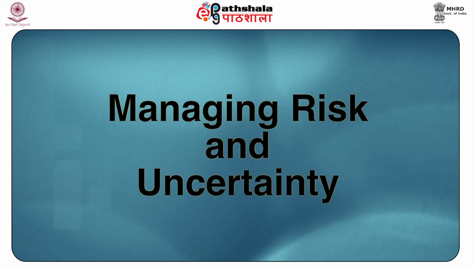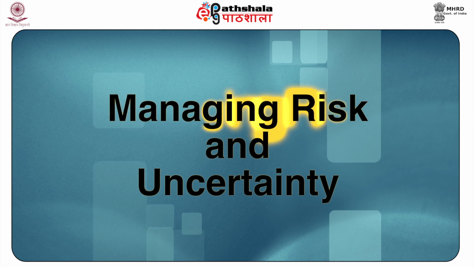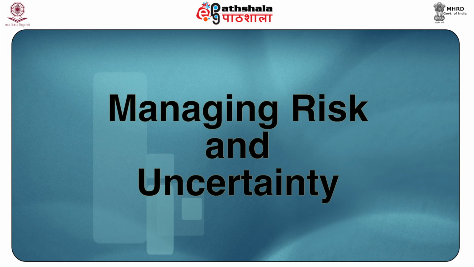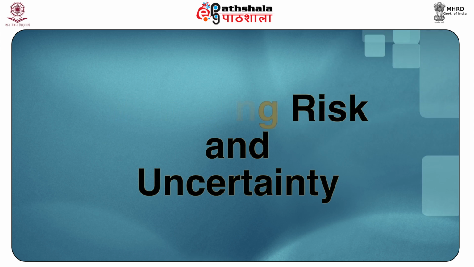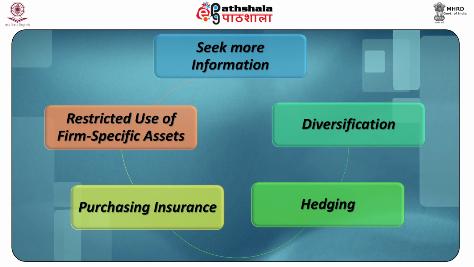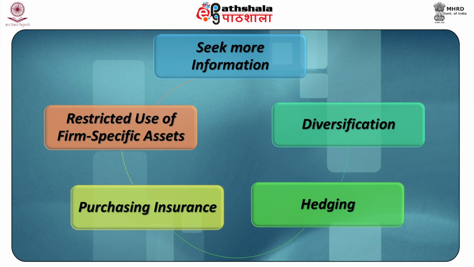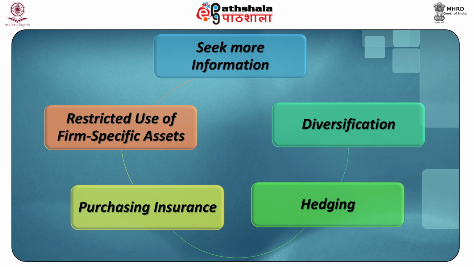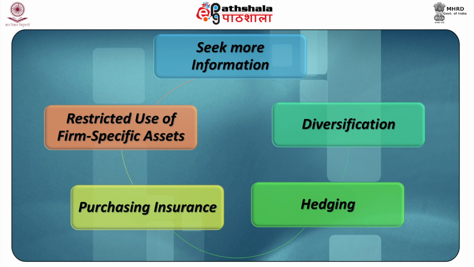Now besides the above explained criteria, let's study more about how to manage risk and uncertainty. So there are many other ways of reducing risk and uncertainty. One is seeking more information. In many situations the uncertainty can be reduced by seeking out more information.